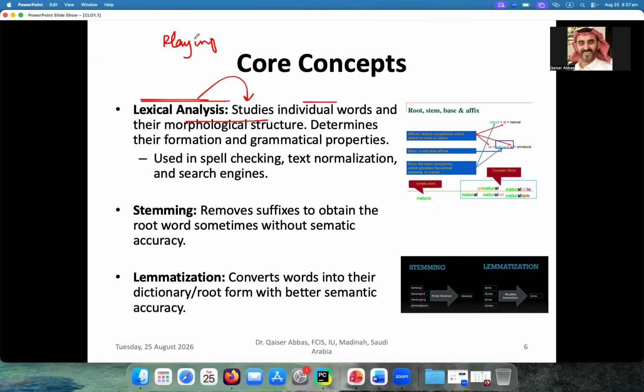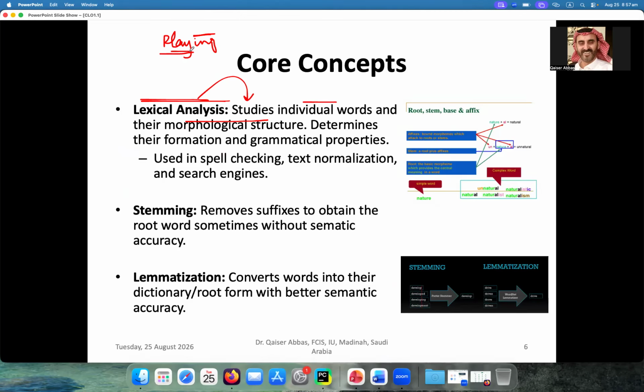here, if the word is playing, then you can say this play is the root, and this ing is the gerund form, a progressive form, and it is representing continuous tense. You are giving extra information about the different parts of the word.